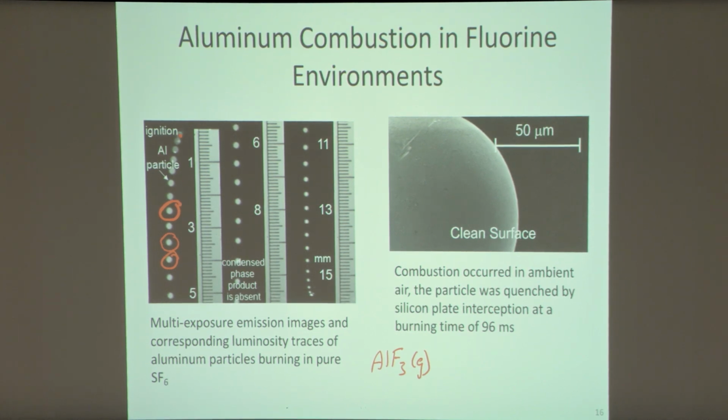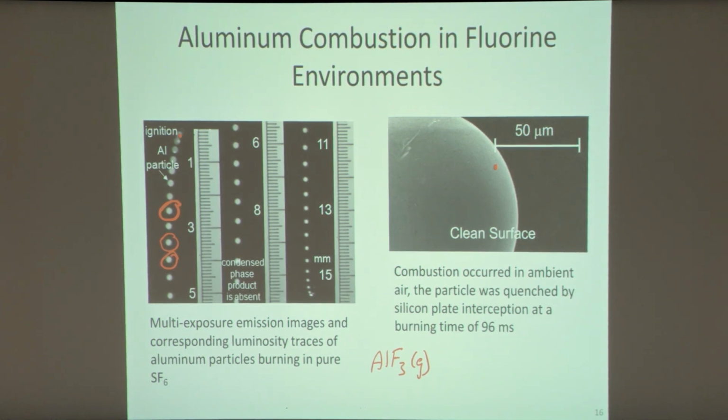Okay, and if you were to quench the particle on the silica wafer, what you would see is essentially an image of a particle without any condensed phase material. It's like a mirror image. So again, there are different ways to change the characteristics. A lot of times, the fluorine, as I said, being isoelectronic with OH, people will add fluoropolymers with aluminum.